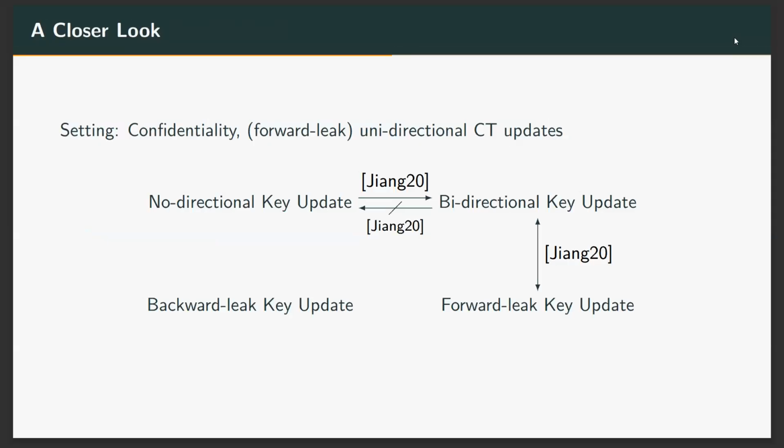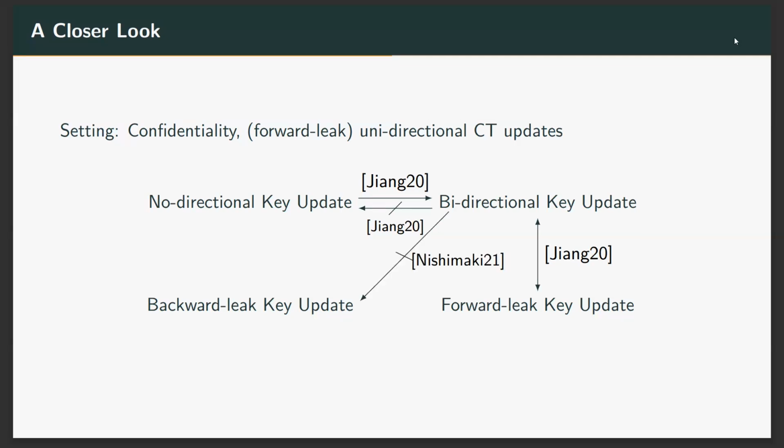Then we can draw this graph. There's no direction here, right? Basically, the work from Eurocrypt 20 shows that no direction implies bidirectional, but not the other way around. It also shows the bidirectional is equivalent to the forward leak key update. That's what the first work shows.